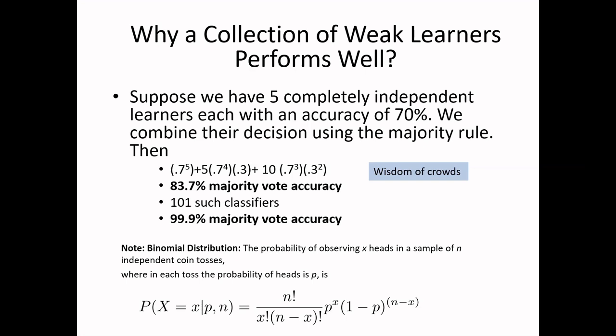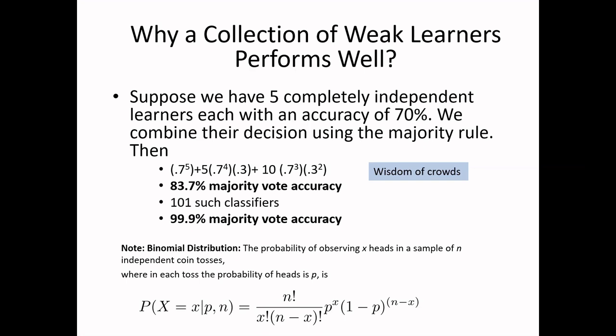If you increase the number of learners, for example 101 such learners put together, the accuracy you will get will be 99.9%. So the point here is that although each learner is not very good at its job, when you put them together, you can get really very good results.